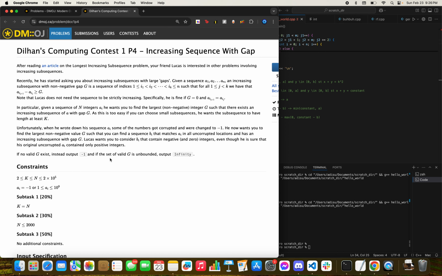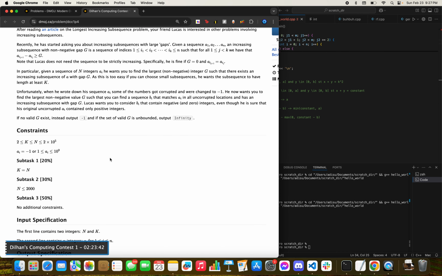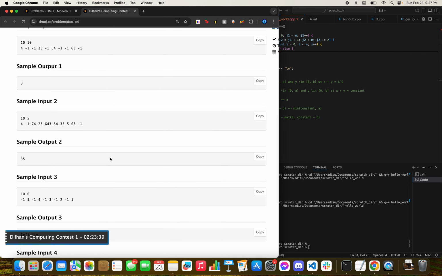If you fix G, then for each number you want to maintain the longest tail that it can have, right? And then for each number you find, among the things that have lower value... Okay, it's like LIS at that point. It's basically LIS, because for each length you want the smallest possible last thing. So this is just a partial LIS.